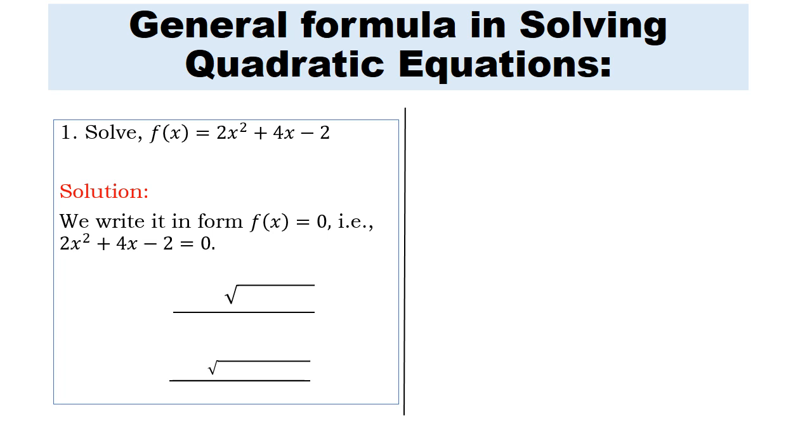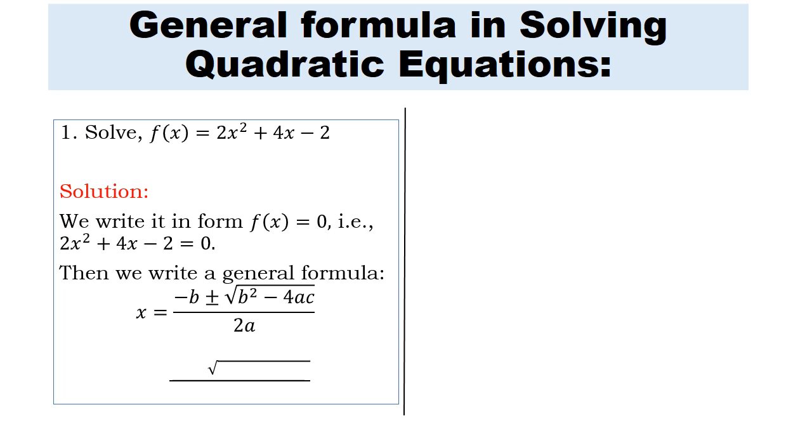Okay, so the next step, I'm going to write our general formula. Our general formula is here. It consists of a, b, and c. These are the coefficients from our equation. So we're going to compare this equation with this general formula.